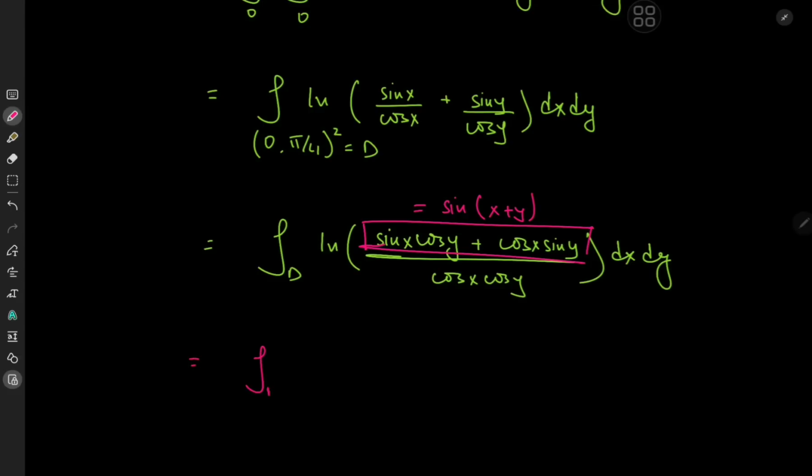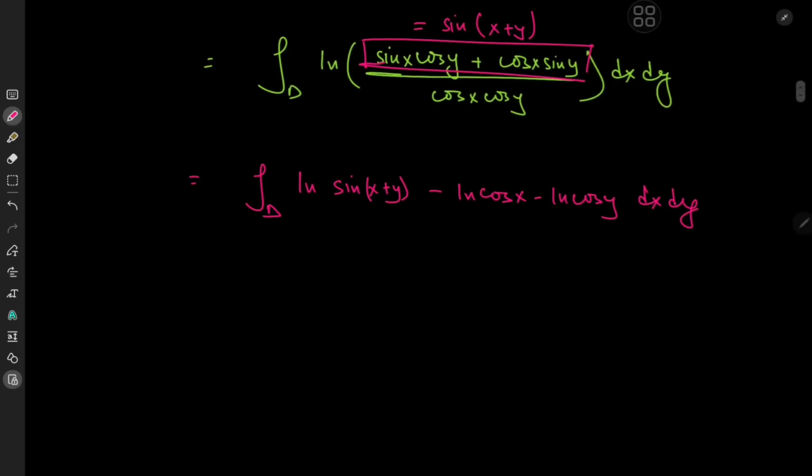And we have the double integral over D of log sin(x + y) minus log(cos x cos y). And of course, this can be expanded further. You would have log cos x plus log cos y, and because of the negative sign in the expansion, we have log sin(x + y) minus log cos x minus log cos y dx dy.